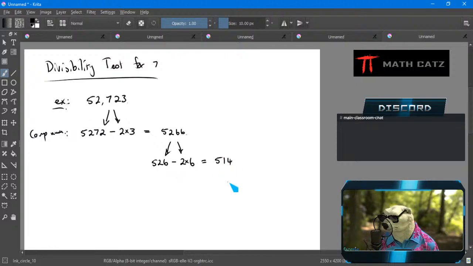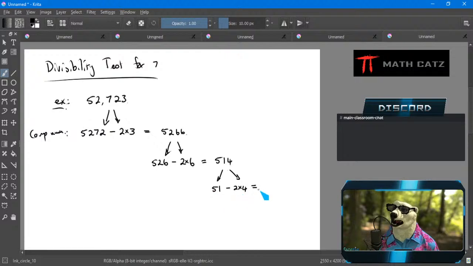Maybe that's still too big, because I remember for 8, looking at a 3-digit number still required a little bit of a long division. There was no way around it. I then look at the same thing. Take the last digit. Take the number as if that last digit was never there. Subtract 2 times that last digit. What do I get?